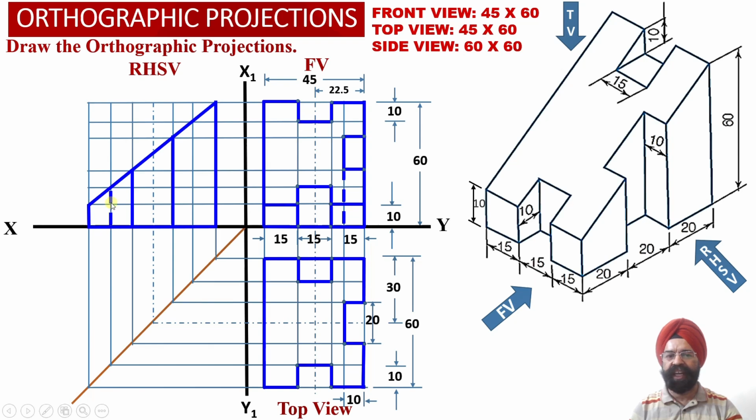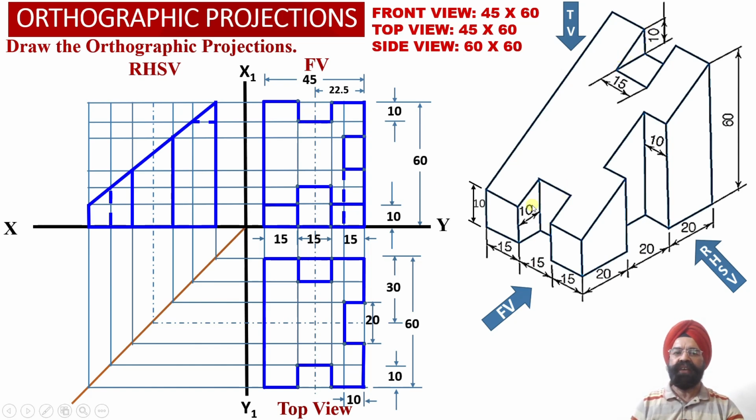Next we have this triangular surface, which is again not visible to the observer. Corresponding to this horizontal surface, dotted line projections will be available, and once again this is a true shape projection corresponding to this triangular surface.